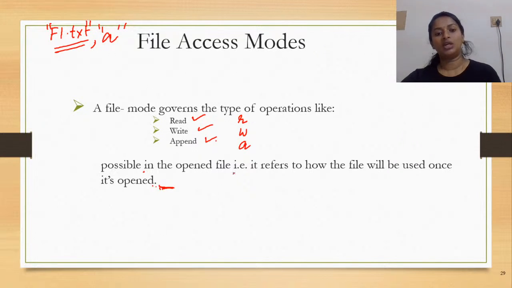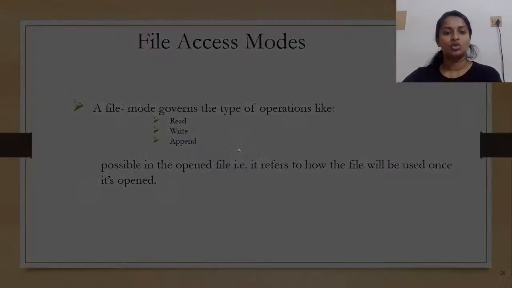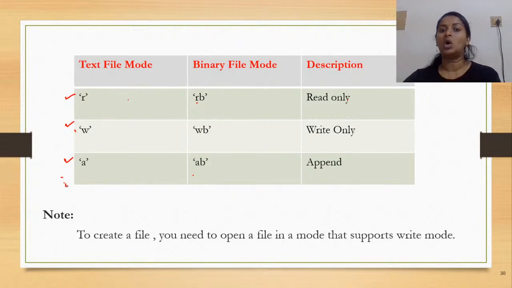Now, apart from all these things, I told you there can be a combination of them also. All you need to do is postfix the plus operator along with the modes to indicate that you can have a combination, like R plus, W plus, and A plus. So this is the thing with all the file modes.